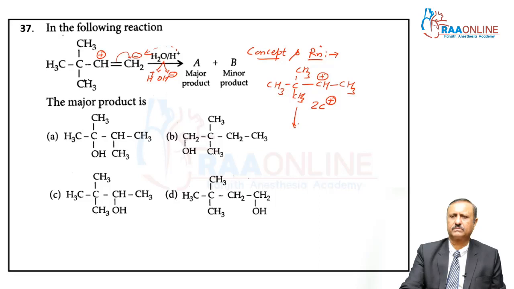So here my dear students, rearrangement occurs, and due to this rearrangement, this secondary carbocation is converted into a tertiary carbocation. This methyl group goes from this bond and attaches to this carbocation. So this is a shifting of the methyl group.